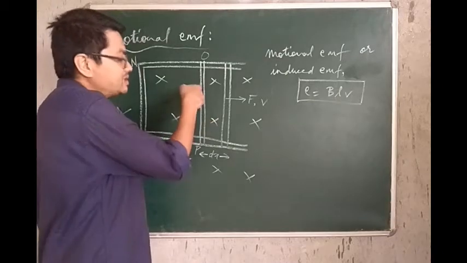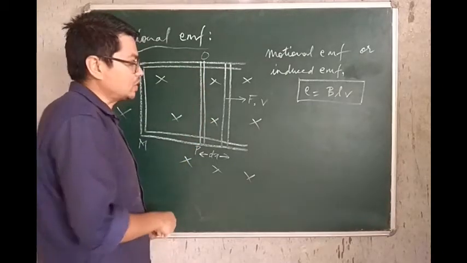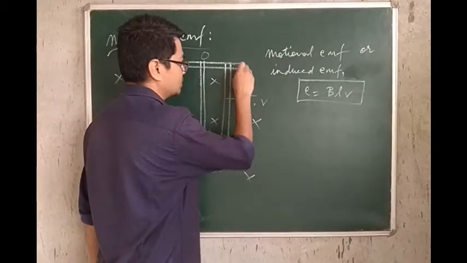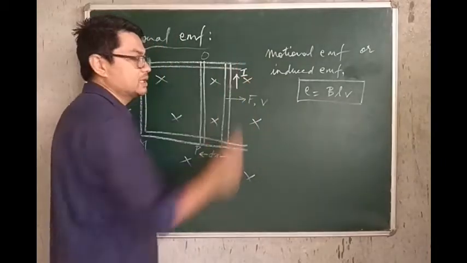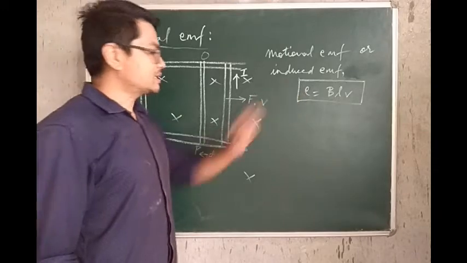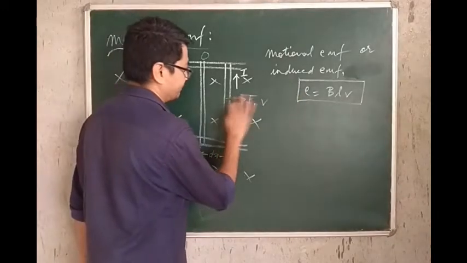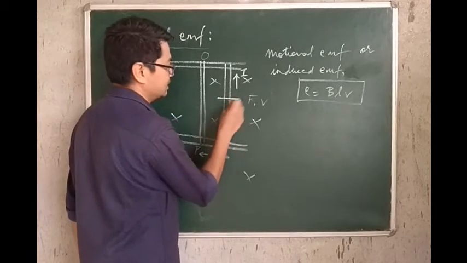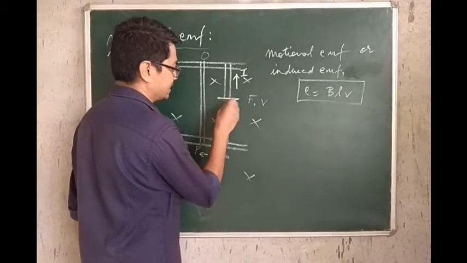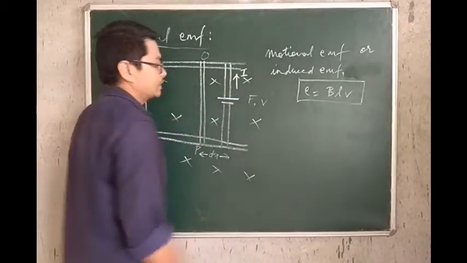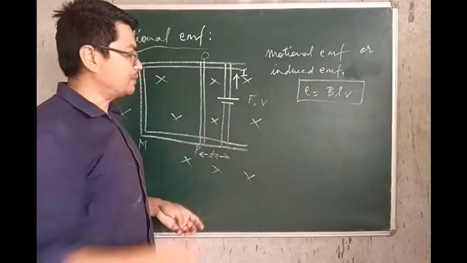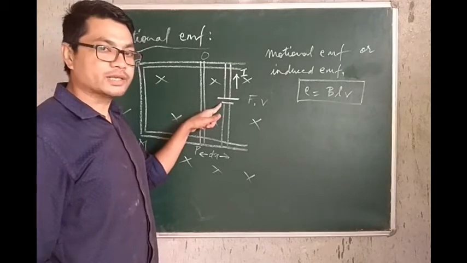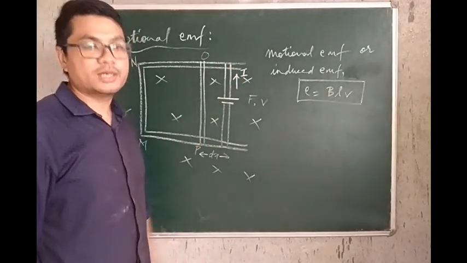So current on this strip OP is induced in the upward direction. So to say, current I flows in the upward direction. That is, the induced EMF is like this. You have a positive side here. It's like the rod is acting like a battery now, where this is the positive side and this is the negative side, such that the current flows in the upward direction.